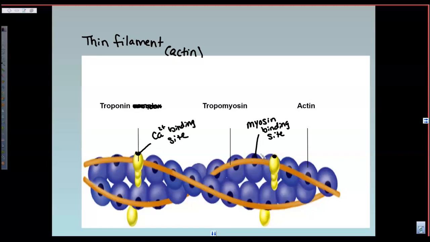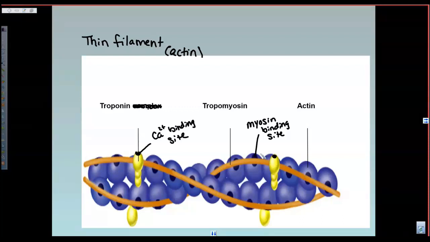And the minute that gets exposed, guess what's going to bind in there? Anyone? What would bind into the myosin binding site? Right, myosin. Oh, you are so good. So good. Are y'all there? Am I talking to a white dot? No, we're there. I just didn't know you were looking for myosin.